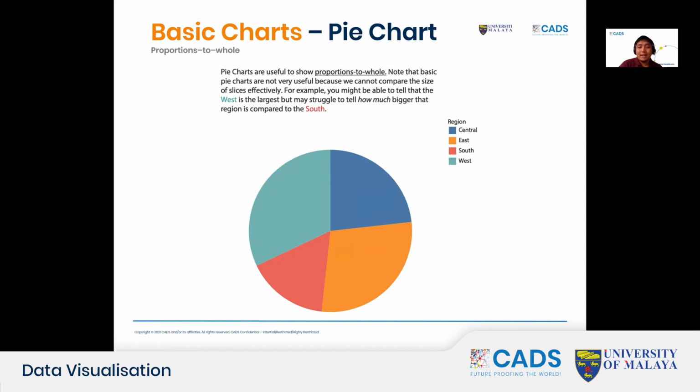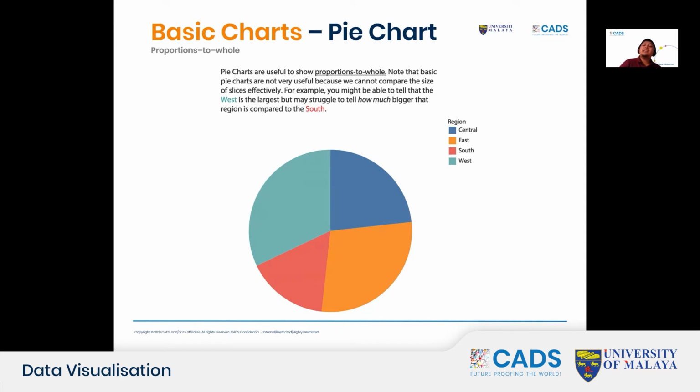Okay. And then the third basic chart will be a pie chart. Pie chart is very useful to show proportions to a whole. So basically, it's about comparing one part to the bigger picture of the population, right? That is one example.